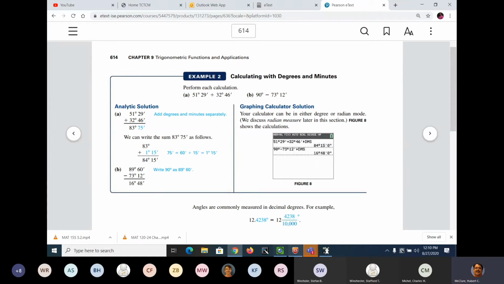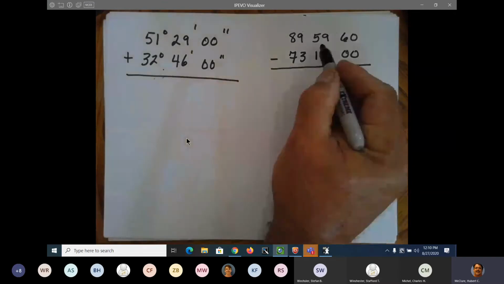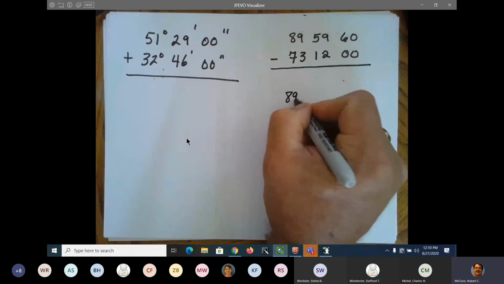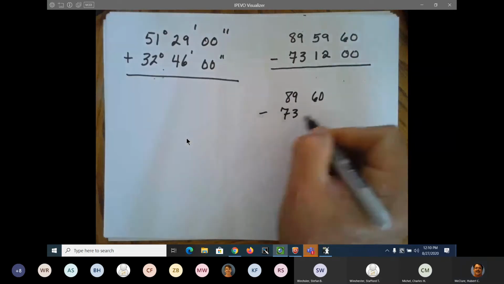So these are the two questions that they got right there, and that's the way I wrote them. Now you could write this one 89, 60 minus 73, 12.